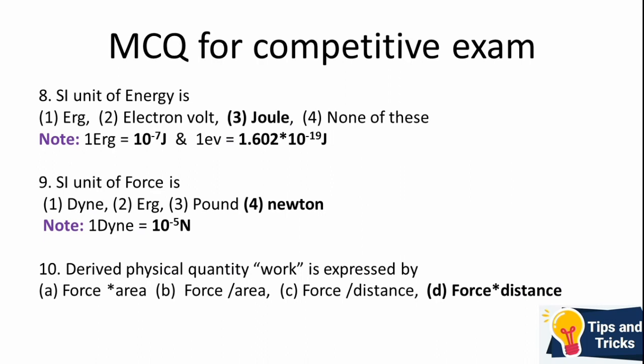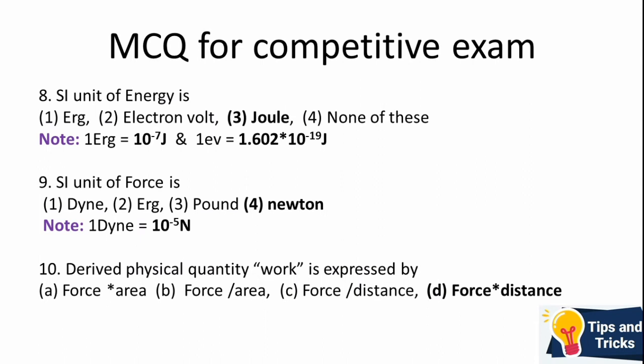Now let us move on to question number 8. The SI unit of energy is, options given are option 1 erg, option 2 electron volt, option 3 joule, option 4 none of these. So we know that erg is a CGS unit of energy and electron volt is also a unit of energy.